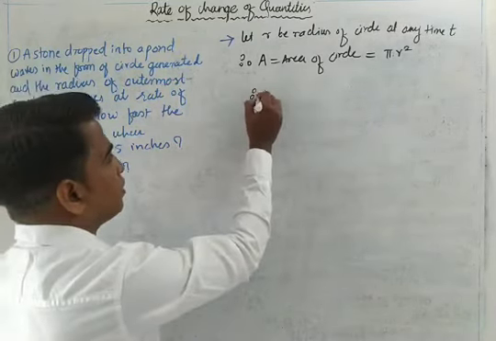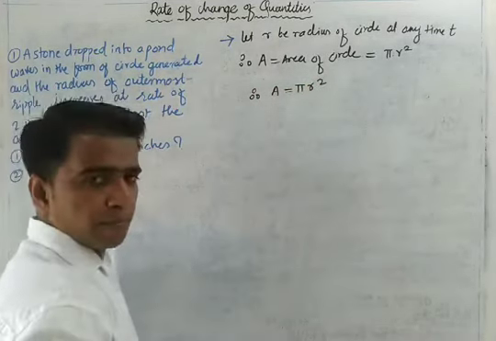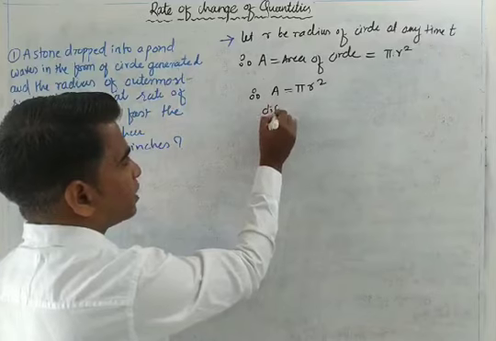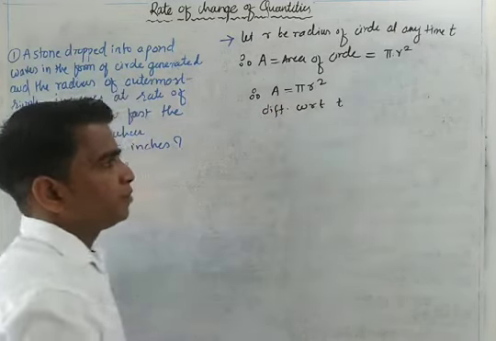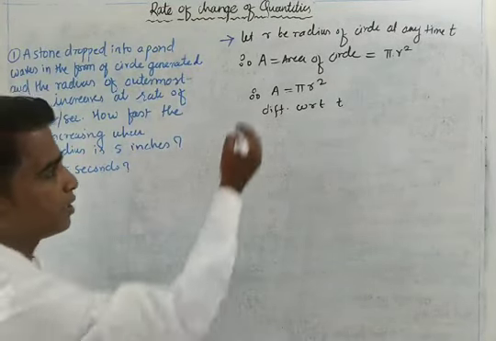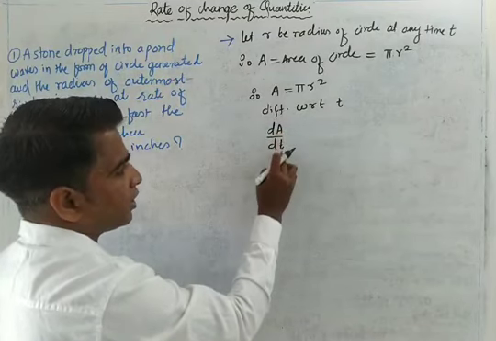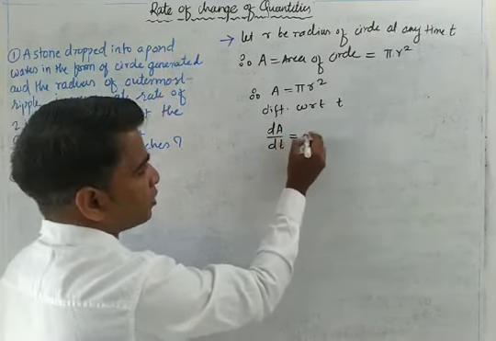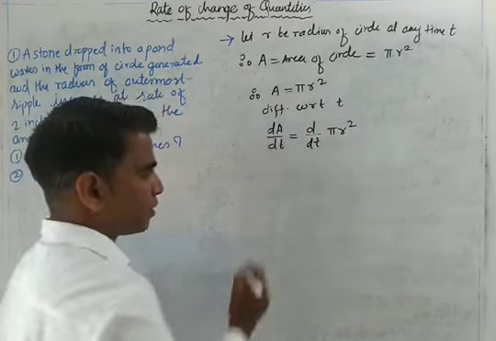So we use the function A equals pi r square, and now we are going to differentiate this function with respect to time t, because area and radius are changing with respect to time t. So dA by dt, the change in area with respect to time t, is equal to d by dt of pi r square.